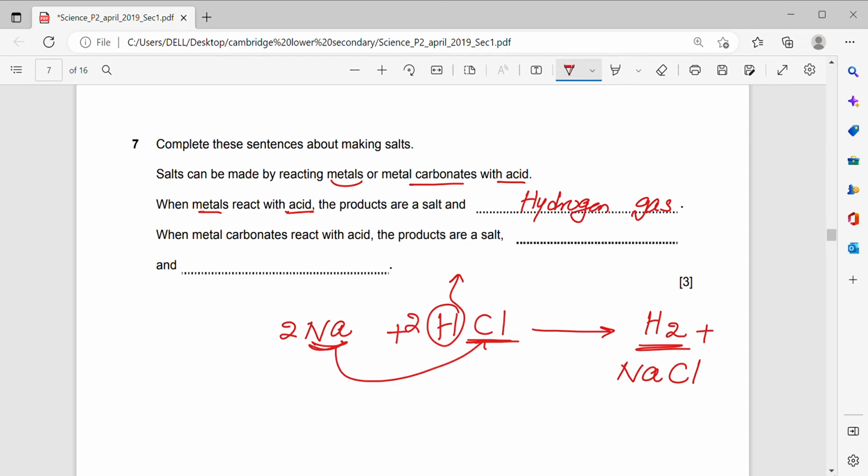metal carbonate يعني مثلا عندي sodium carbonate، دي الكربونات، reacts with acid برضو HCl. What should I get? We get what?